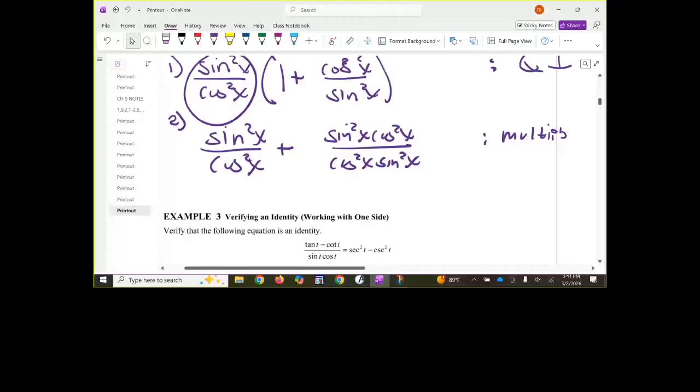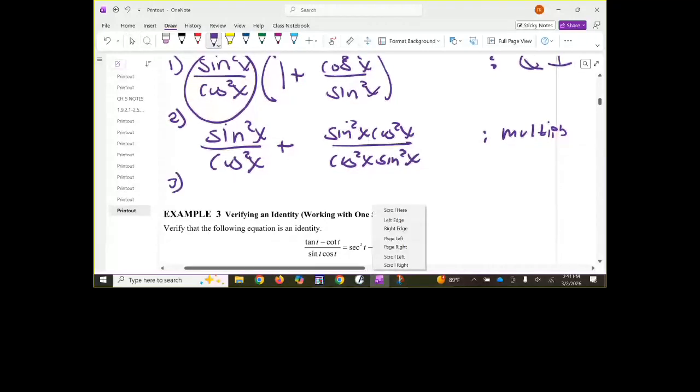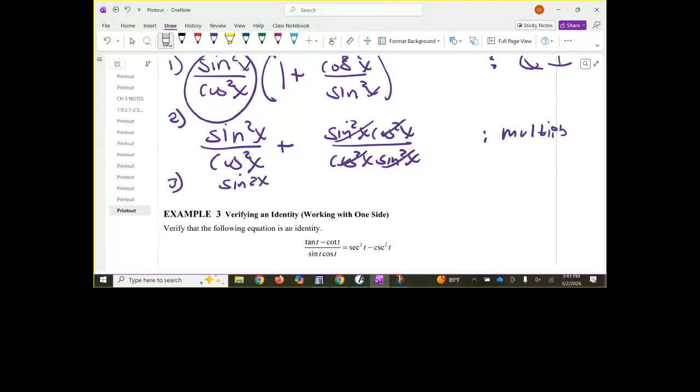Step 3: these guys are all going to cancel. We got sine squared x, not sine 2x, Omar, but sine squared x, because those cancel.